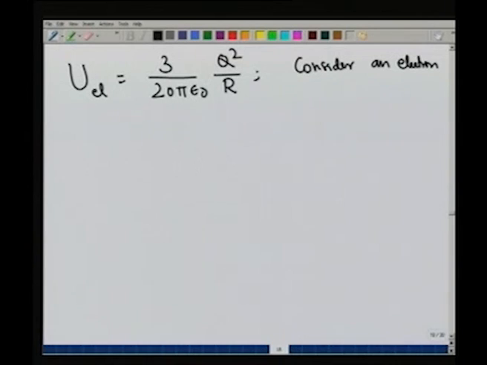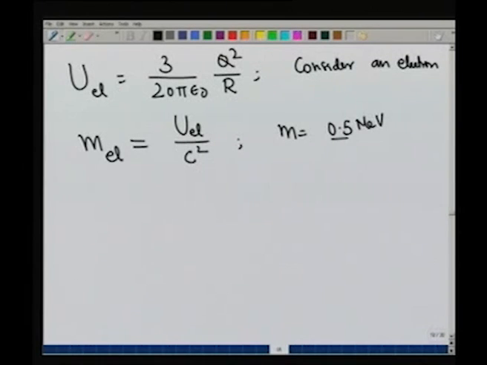What Lorentz says is that corresponding to this energy, there is an electromagnetic mass which is given by U electrical divided by c squared. It has the dimension of mass. But on the other hand, if I consider an electron, it has its inertia, the usual mass, which is given by 0.5 MeV by c squared, roughly 0.511 MeV by c squared.